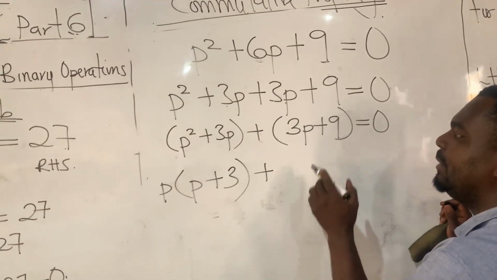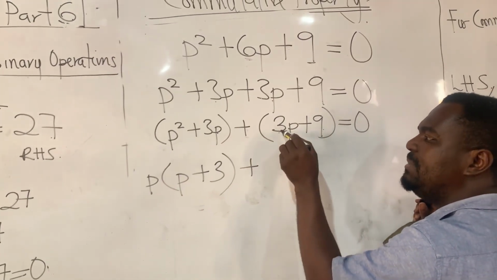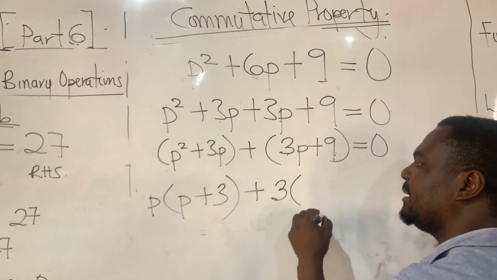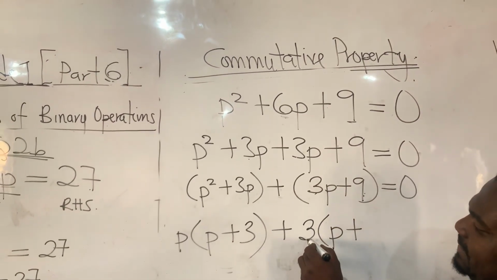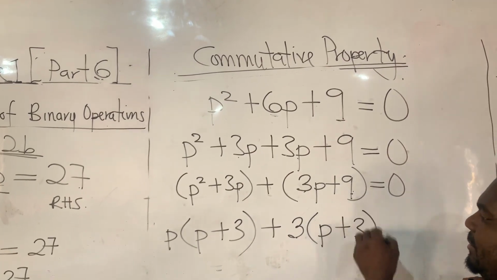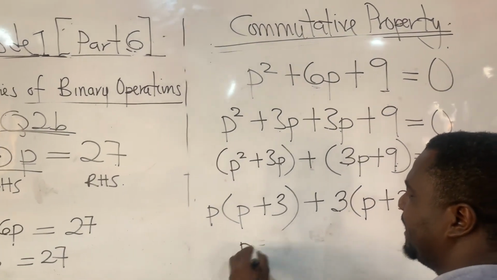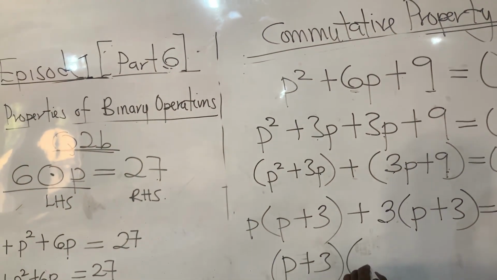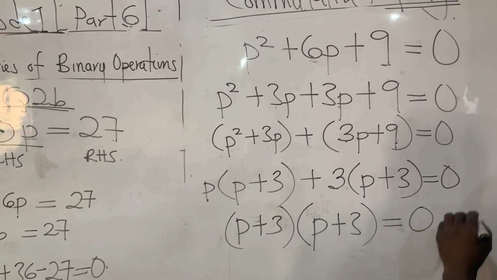Watch it. 3 can go into 9. So it means 3 is a common element, so 3 will be out here. What is left here? P. Then what number times 3 will give you 9 is 3. So at the end of the day, we are getting P plus 3 as one of the factors and P plus 3 as the other factor.